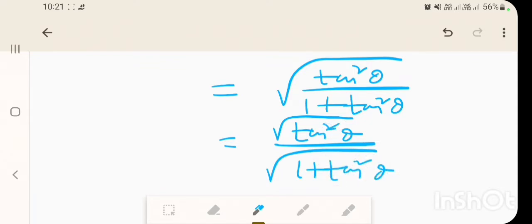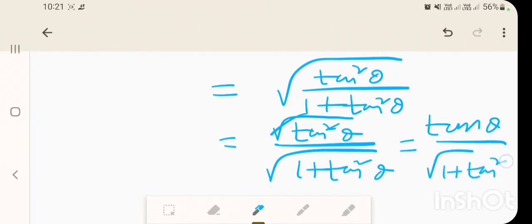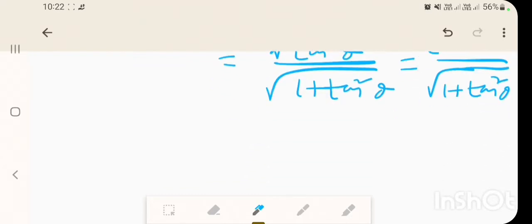In the numerator, square and square root cancel, so we are left with tan theta divided by root 1 plus tan square theta. This is writing sin theta in terms of tan theta.